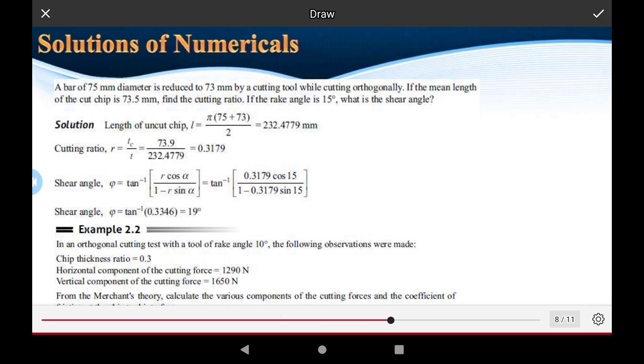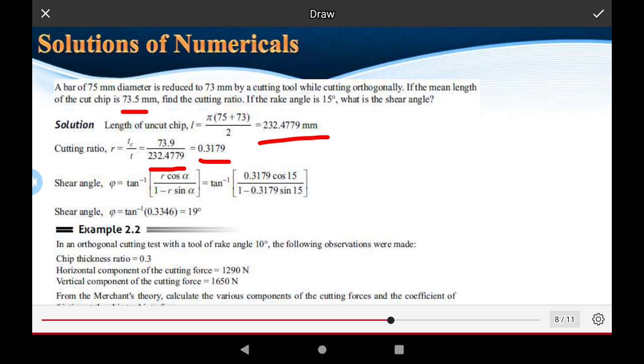The cutting ratio is the cut chip thickness upon the uncut chip thickness, r is equal to tc upon t. This is the value for the cutting, 73.5 upon the length of the uncut chip thickness. The value of r is equal to 0.3179.